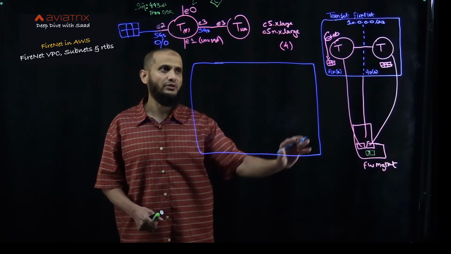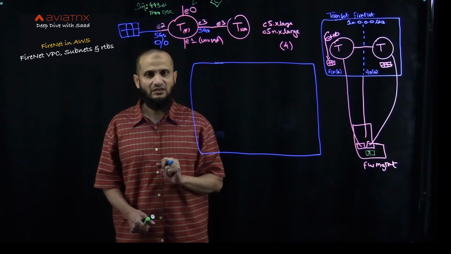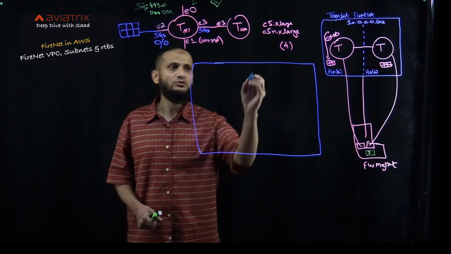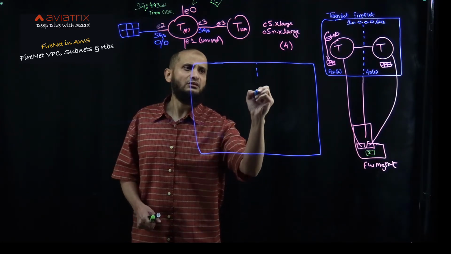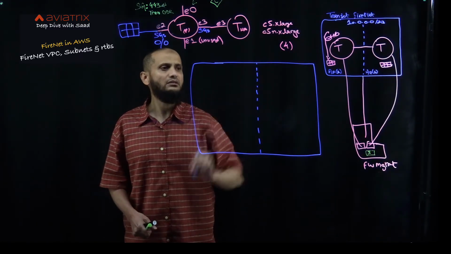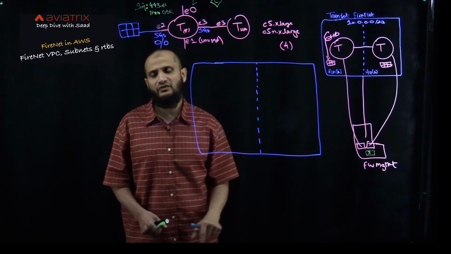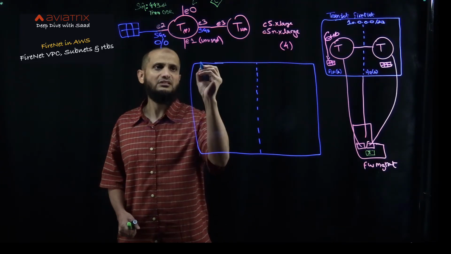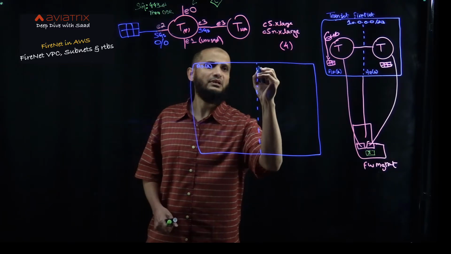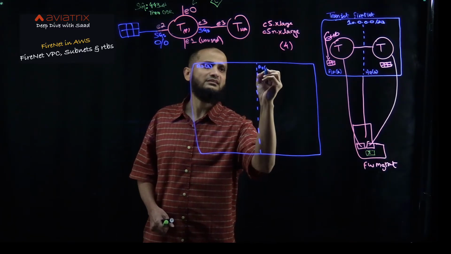Now it is going to create the Transit FireNet VPC for you. So you are going to create the gateways in two different availability zones. This becomes your AZA, and this becomes your AZB.